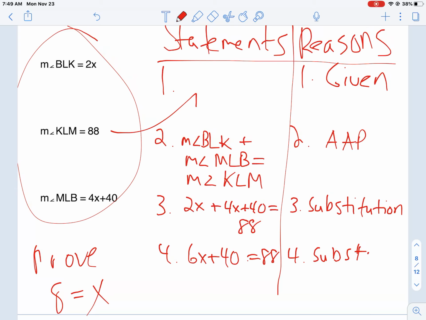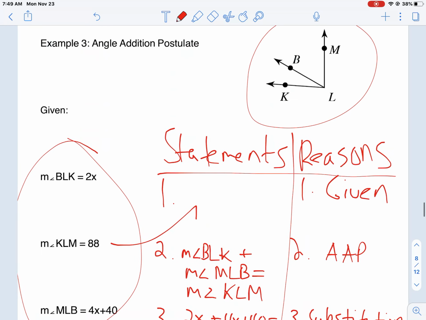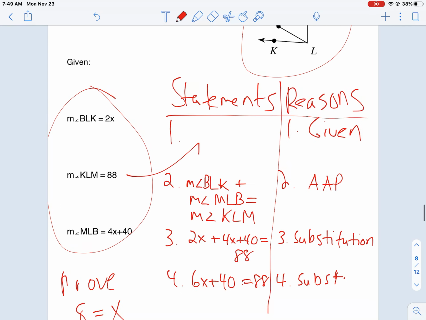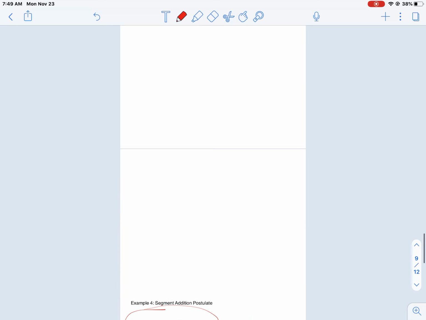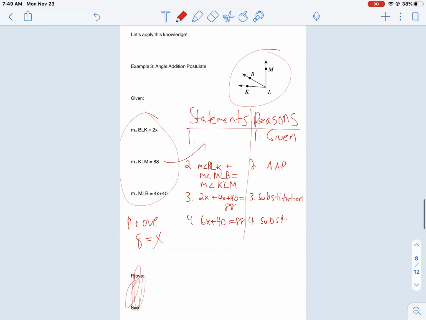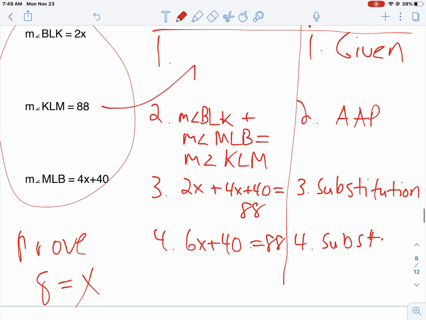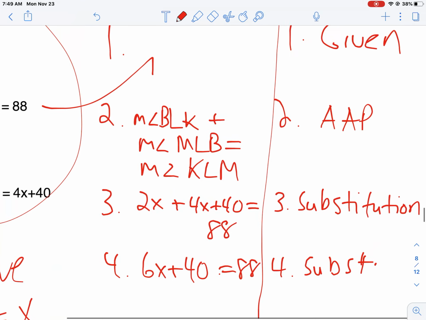So again, I use the angle addition postulate here so that I can have an equation, right? So I take the angles, I write them, I make an equation for them so that I can solve for x, okay? So again, we're using the postulates to come up with some geometric equations so we can plug in the algebra later, okay?